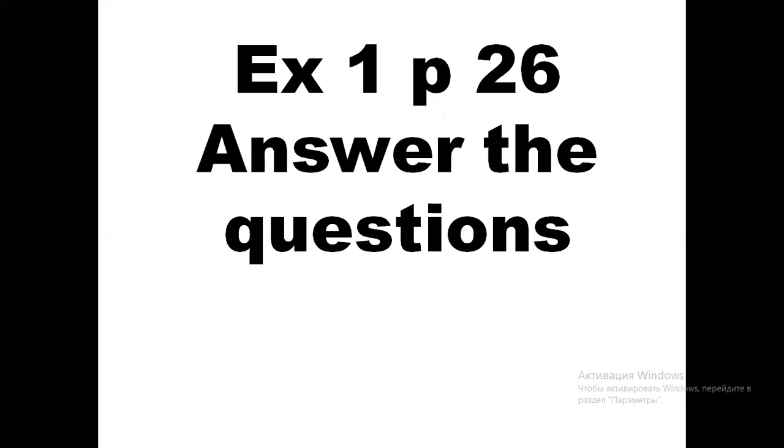Exercise 1, page 26. Answer the questions. Open your textbooks at page 26 and look at exercise 1. Question 1. When did people start writing? Answer. It was about 6,000 years ago when Homo sapiens appeared and people started writing. Question 2. How did the ancient Egyptians write?